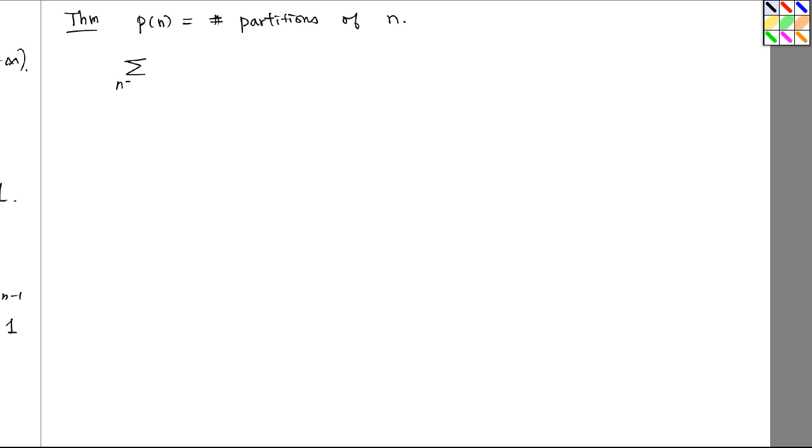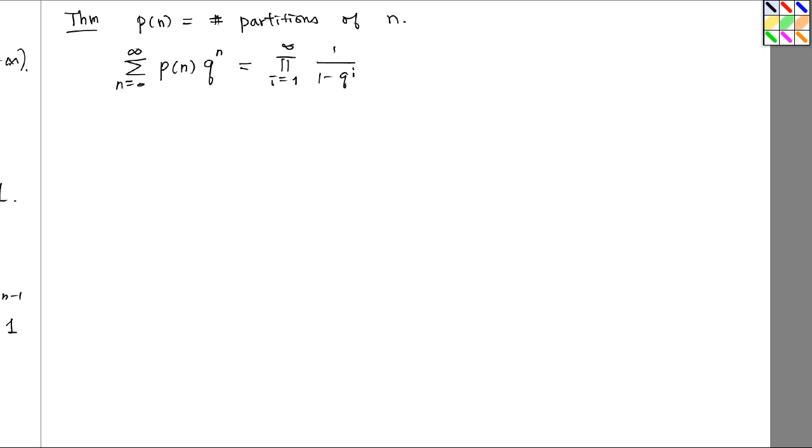For historical reasons, for the generating function for partitions we usually use the variable q instead of x. So here I'm using q, but it's just a variable like x. Then this is the infinite product, i from 1 to infinity, 1 over 1 minus q to the i.